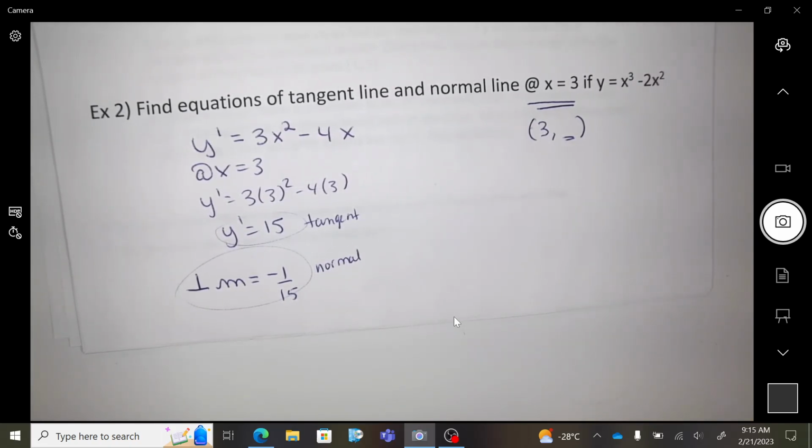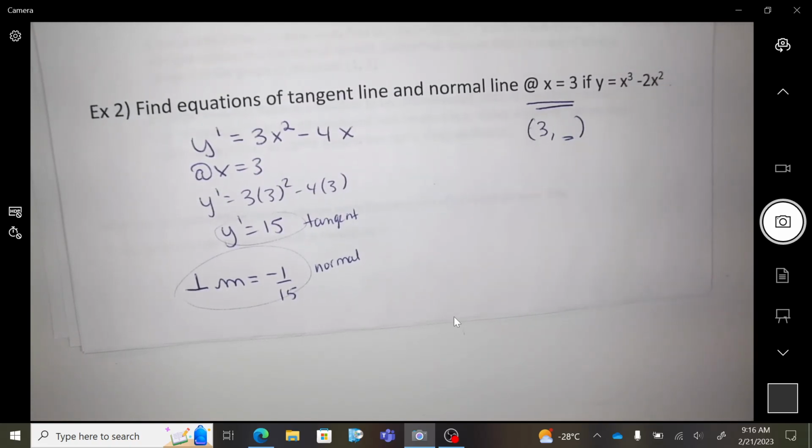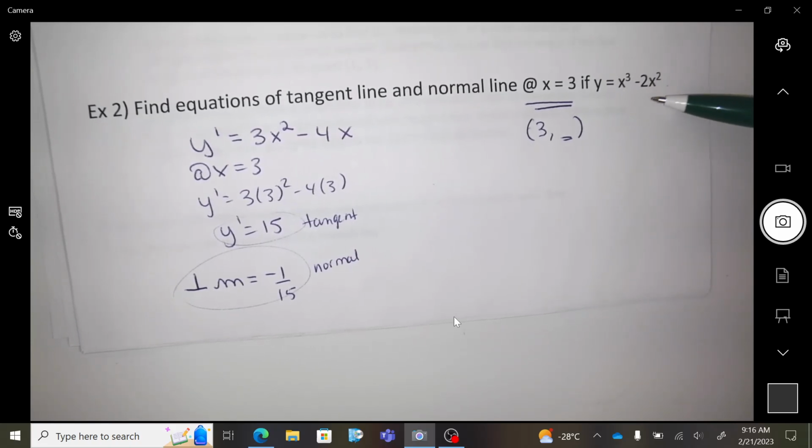3, comma. Where would you like to plug that in? What makes sense? To plug into the original y or to plug into the slope derivative? To get the coordinate of the point, you would plug into the height, the original, right?